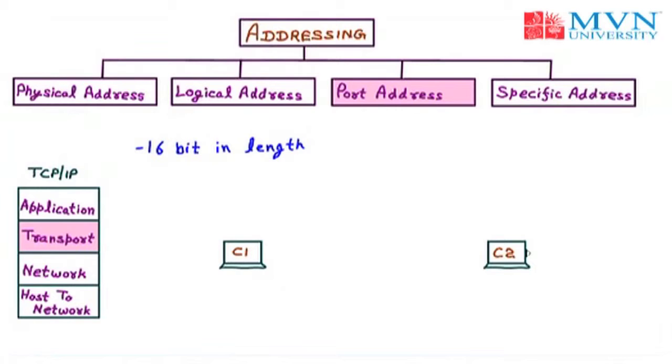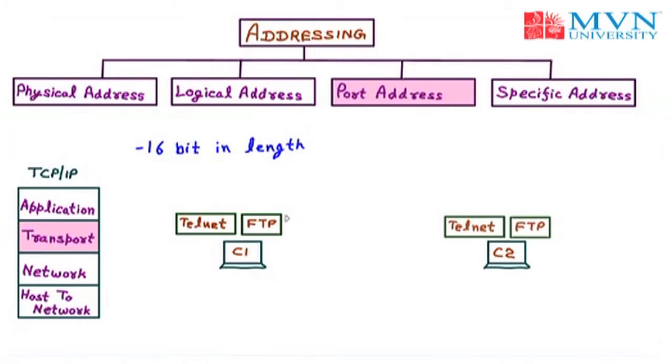Now, C1 has two processes, or maybe two protocols, that is Telnet and FTP. Same with system number 2, it has the two protocols, Telnet and FTP. Now, the Telnet protocol of system number 1 wants to communicate with system number 2. At the same time, the FTP protocol of system number 1 wants to communicate with the FTP protocol of system number 2.